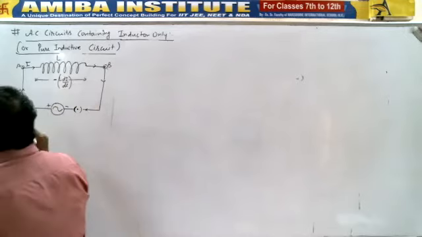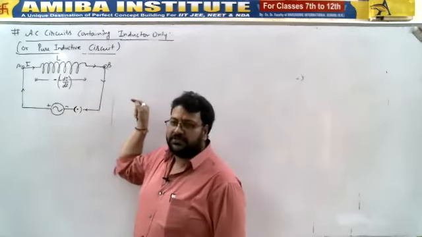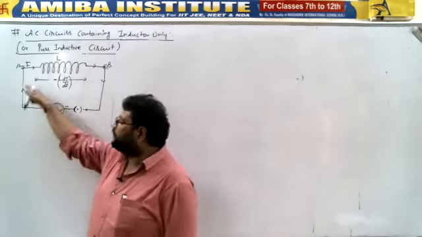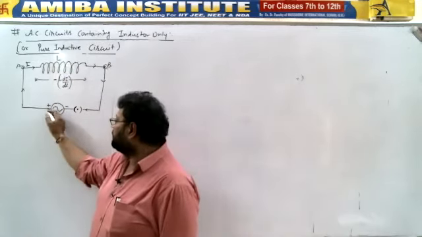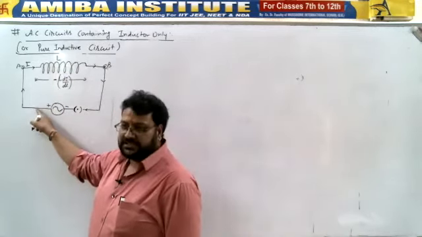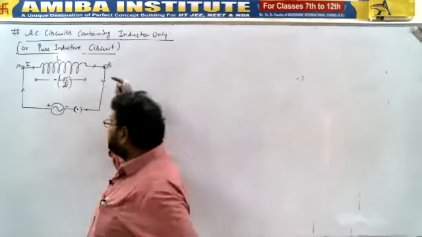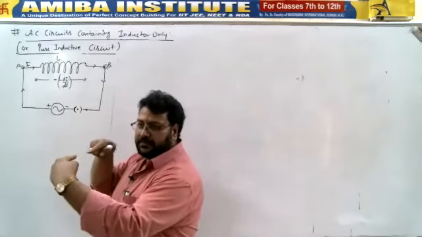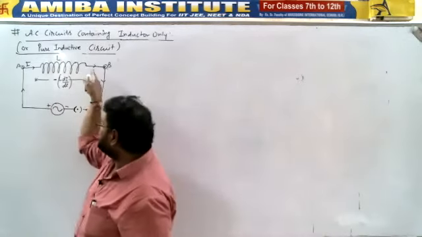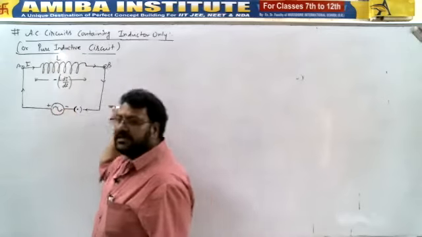The minus sign shows that it is in the opposite direction to the flow of current. So if the source EMF is in this direction, then this induced EMF is opposing it.